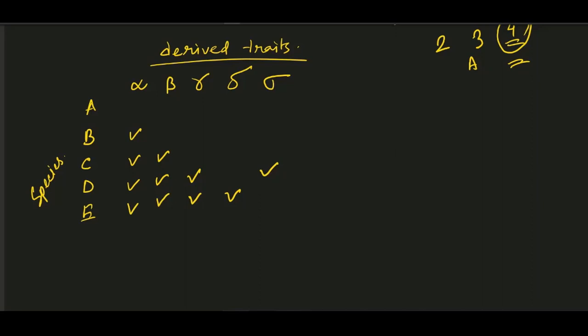Now we assume the phylogenetic tree is a rooted one. So here is the root, and as we can see, A doesn't contain any of these 5 traits, so we will place A as the outgroup.